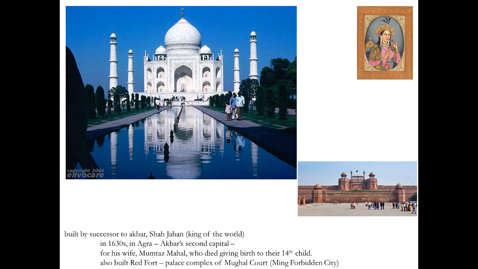So by building the Red Fort, it's telling you that even at the height of Mughal power, it feels besieged by what's going on in Central Asia, by the chaos in the south of the subcontinent. So it needs to create a fallback position within its own capital, a kind of a safe room. That's the Ming Forbidden City. That's the Red Fort.